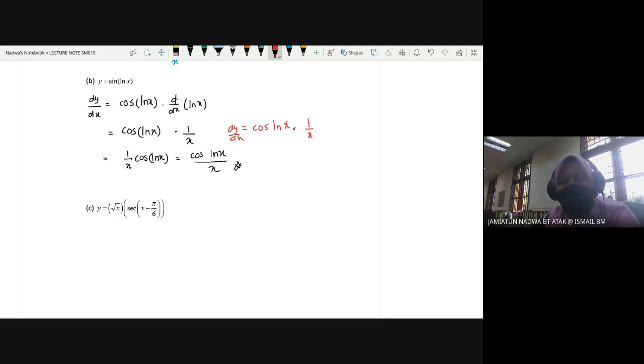Tapi bila dia terlupa tulis bracket, what's going to happen here is dia akan tulis jawapan akhir macam ni. And tiba-tiba dekat dalam jawapan akhir tu pun memang ada pilihan jawapan yang ni ada, yang macam ni pun ada. So dia akan pilih jawapan ni. Rugilah sebab dia differentiate dah betul dah. Tapi masa nak pilih jawapan tu dia salah.